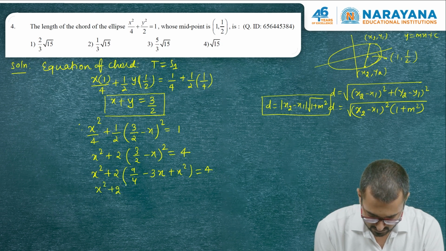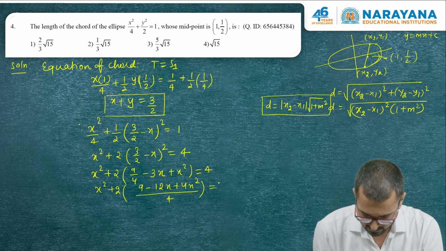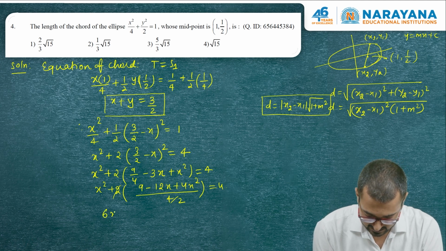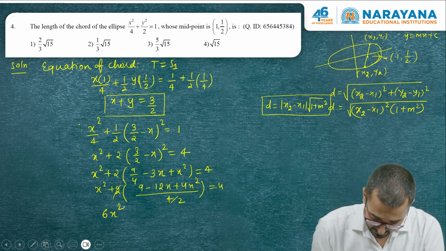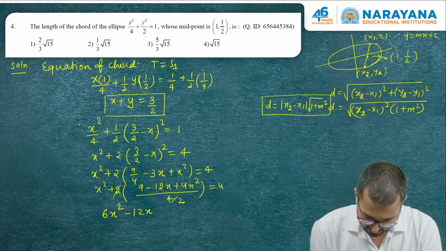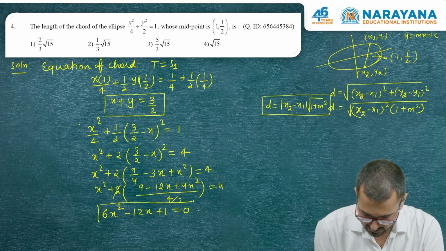So x square plus 2 into, better I'll write down 9 minus 12x plus 4x square over 4 is equal to 4. So now this will give me basically 2. So I am left to multiply only with 2. So yes, 2 plus 4 will give me 6x square, and this will give me minus 12x, and the last part is plus 9, and then minus 8 is plus 1 is equal to 0. So this is my quadratic equation now.